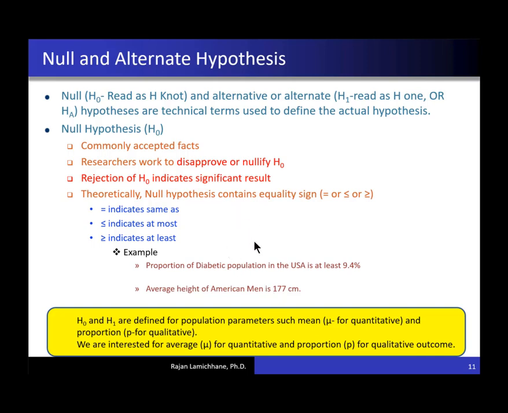And remember, as I already mentioned, all claims or hypotheses must be defined for population characteristics such as population mean or population proportion, because in most medical research we are mainly interested in the average, mean, or proportion. So our null and alternate hypotheses should be based on population parameters.